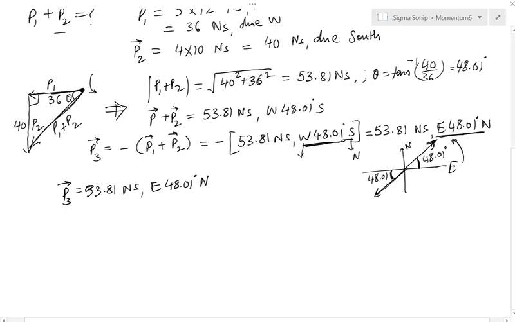Okay, P3 is mass times velocity, so mass is 4.2 kilogram, and V3 is what I need to find.